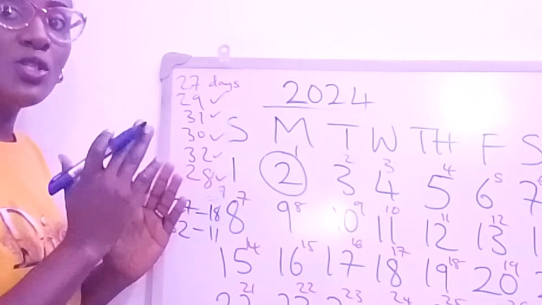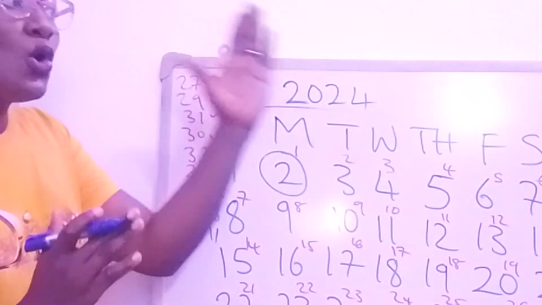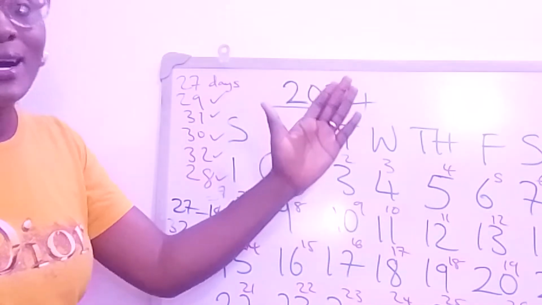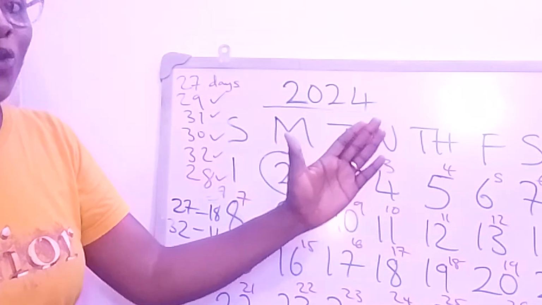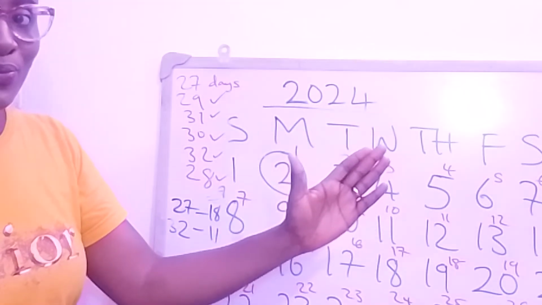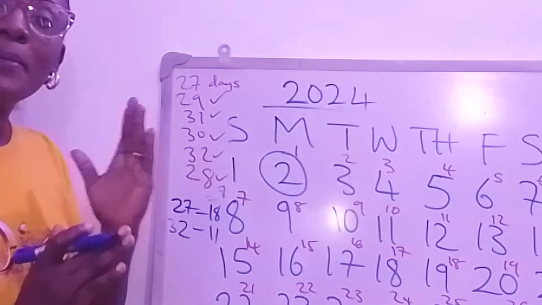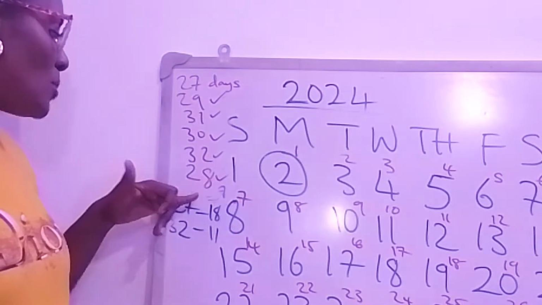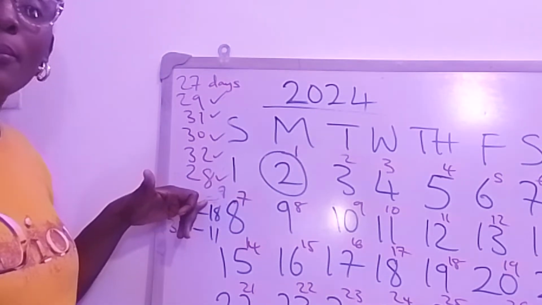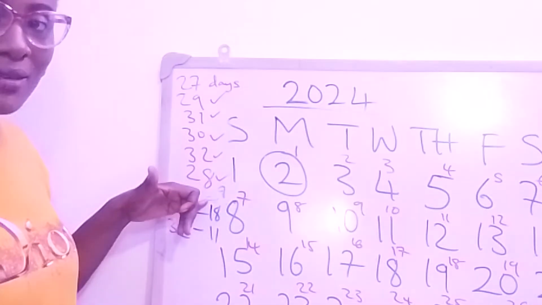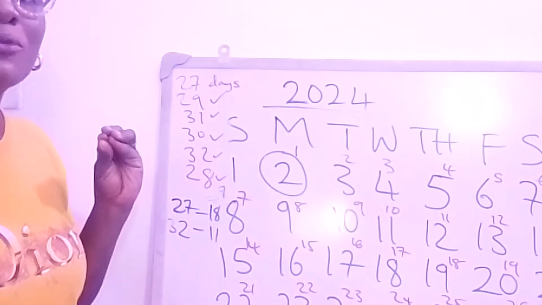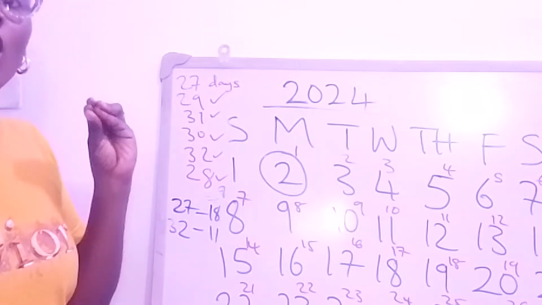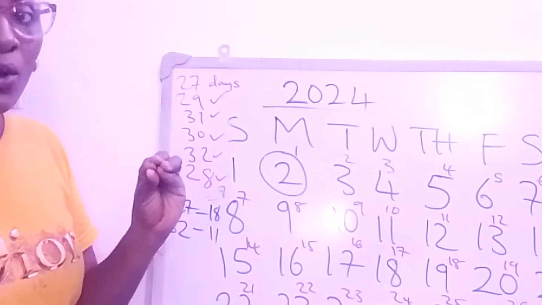So what we do is to know the beginning of your fertile window and the end of your fertile window. In knowing the beginning and the end, you subtract 18 from the shortest menstrual cycle length, and you subtract 11 from the longest menstrual cycle length.